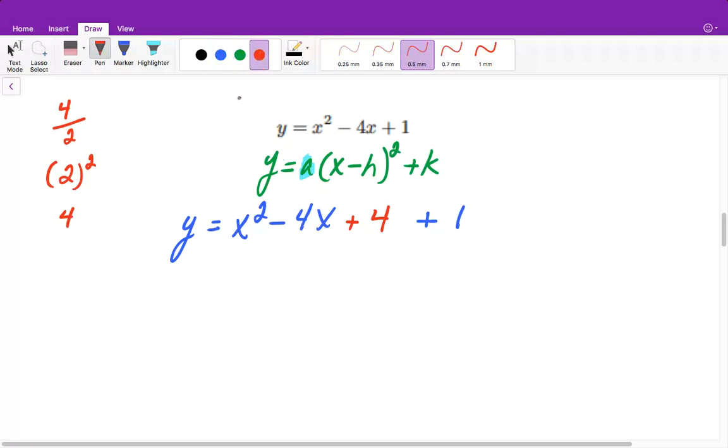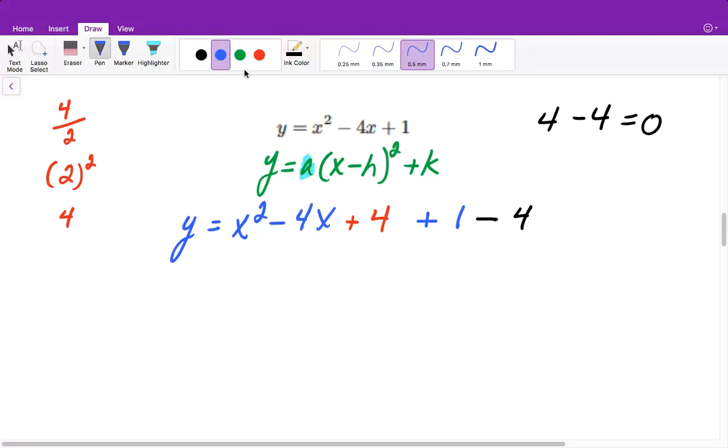So since we are adding 4, in order for us to balance this out, we need to subtract 4. So whatever we are adding when we complete the square, we need to also subtract it. This way, if we add 4 and subtract 4 to something, 4 minus 4 gives us 0. I'm sorry, it is not changing the overall value of this equation.